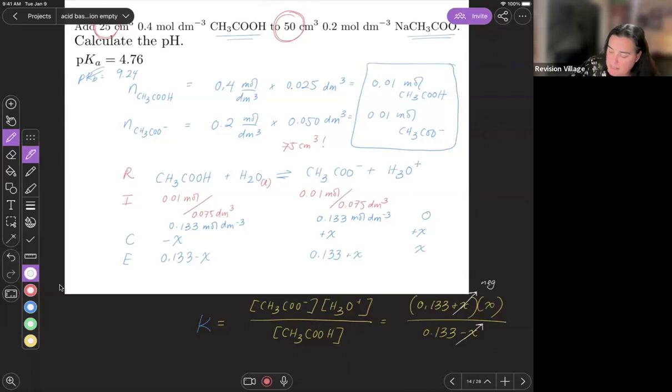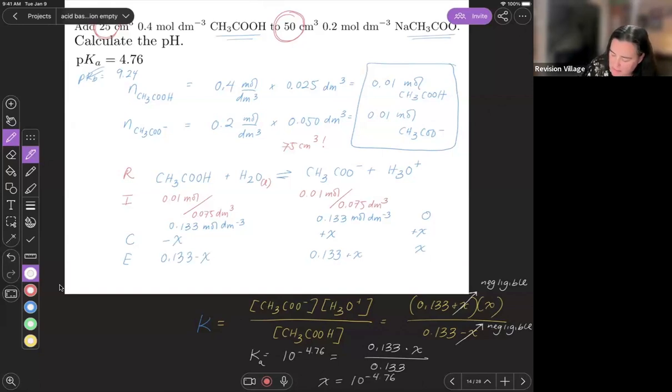So with X being negligible, K simplifies to 0.133 times X over 0.133, or X is going to be equal to 10 to the minus 4.76.